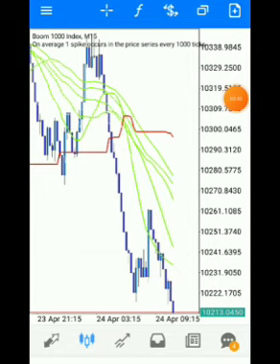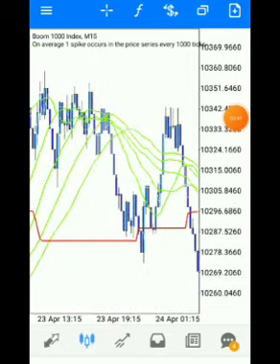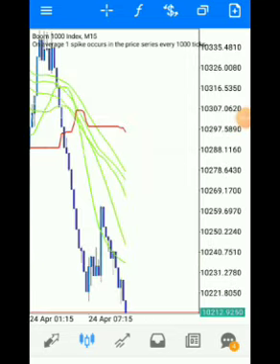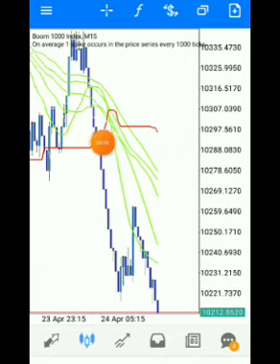These moving averages have different periods, both the slow ones and the fast ones. But the whole idea of this strategy is that before you buy or sell, you want to make sure the Ichimoku indicator crosses over all the moving averages.